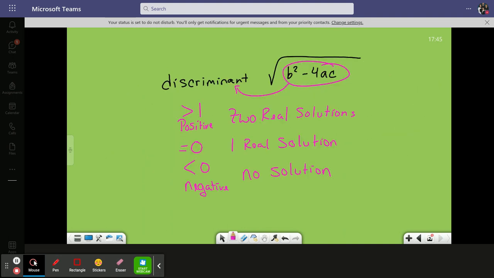I know that I'm going to have a graph looking something like this one. Okay? So a test question or a quiz question might be use the discriminant to determine how many solutions there are. And you're looking for, is it positive, 2? Is it equal to 0, 1? And if it is less than 0, if it's a negative number, it's going to be none.